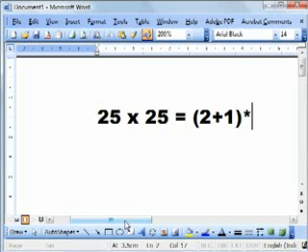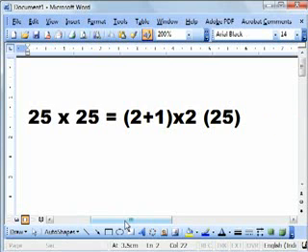Then I multiply with my original number, and the last number will always be 25. This gives me 2 plus 1 gives me 3, and 3 into 2 gives me 6. Easy, right?